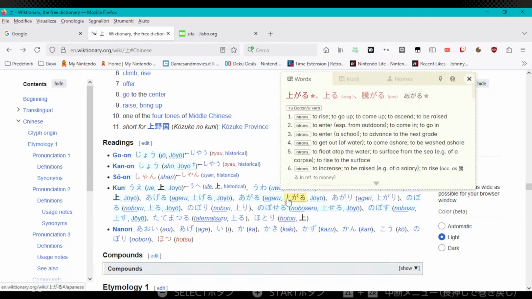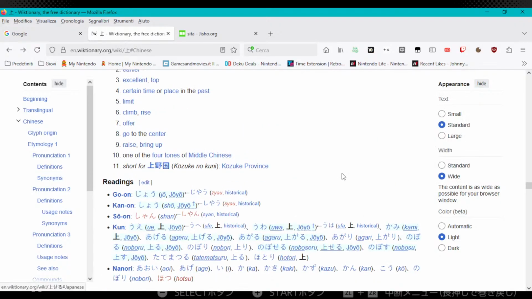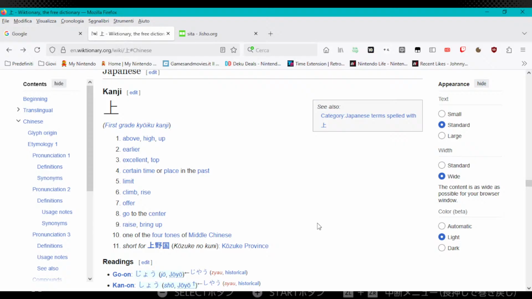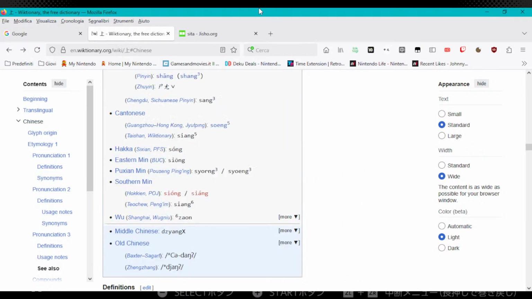Then we have also the intransitive form, agaru, to rise, to go up, and so on. The other one, we'll see other ones when they come up at a later time.